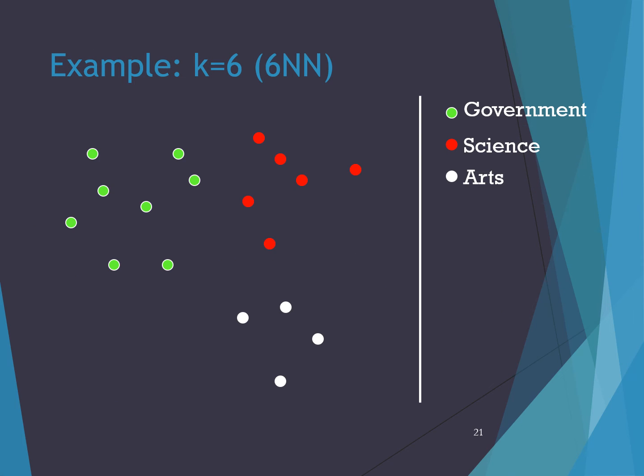This is an example of KNN where the green dots are government, red dots are science, and white dots denote arts. Here k is equal to 6, and the blue dot is a new point.